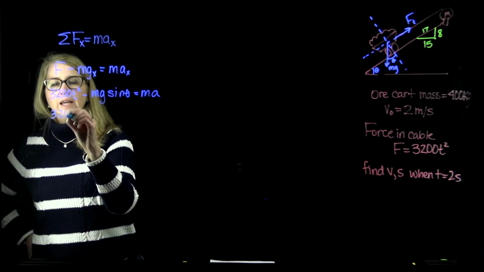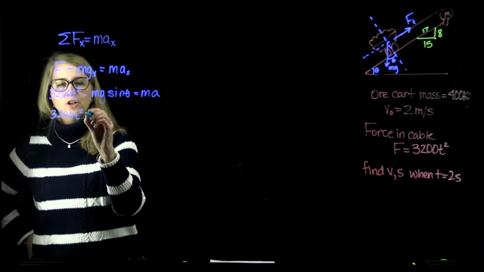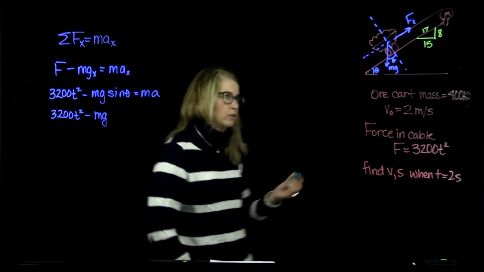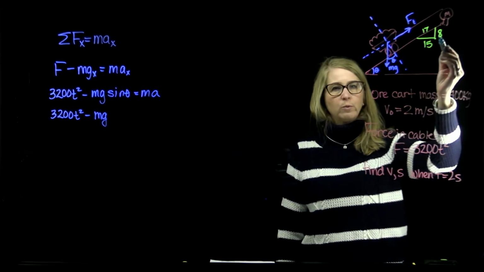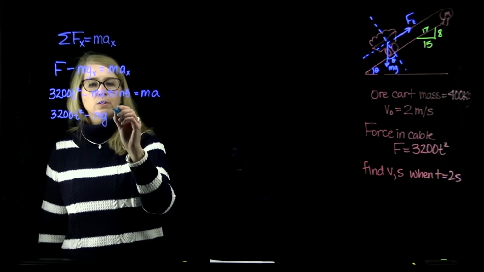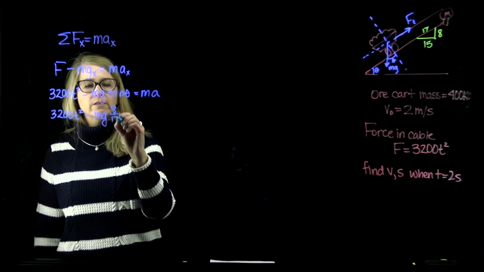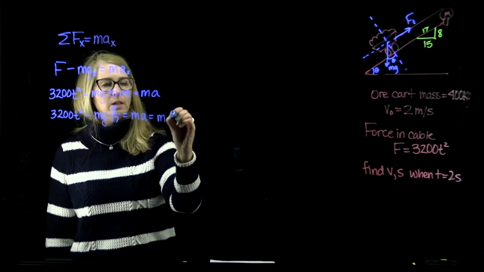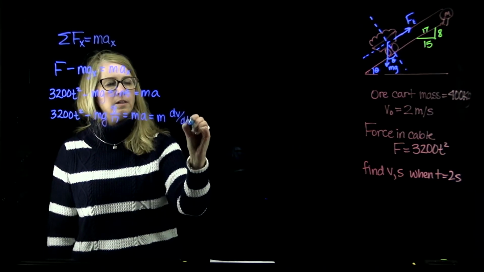We weren't given the angle, we were given the ratios of the sides. So using that, I just want to take a note that the opposite side would be 8 and the hypotenuse is 17. So the sine of theta is 8 over 17, and that equals mass times acceleration, which is m times dv/dt.